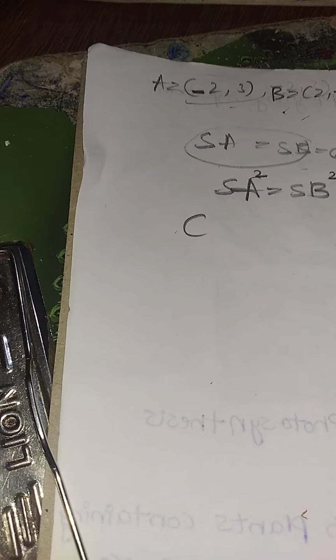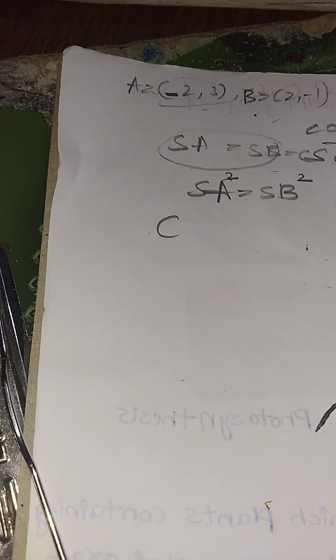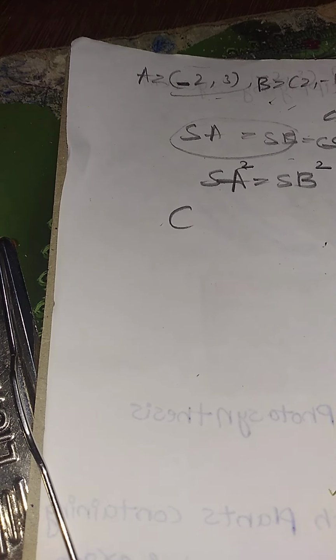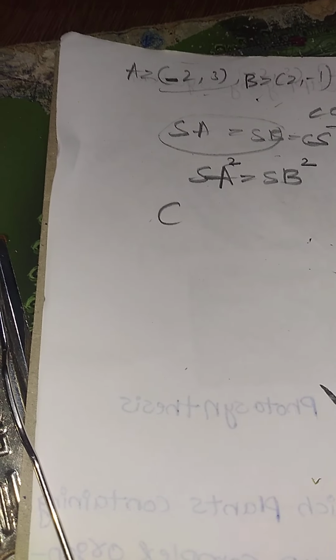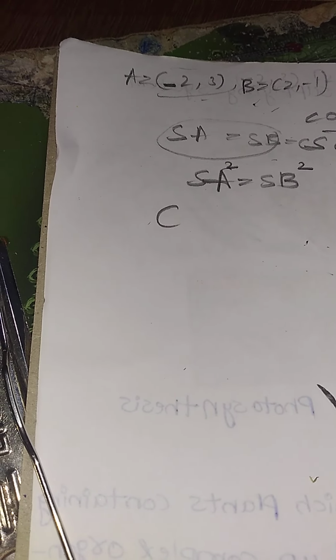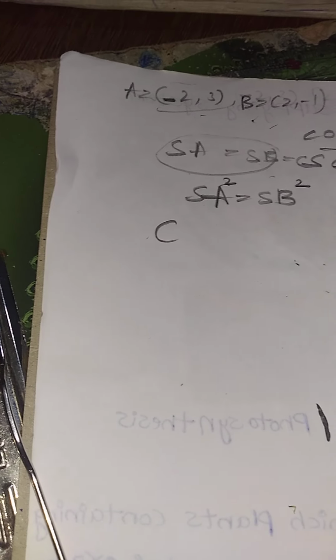But as there is a root, it is quite difficult to find the equation first. So in order to find the equation, we have to remove the root by applying square on both sides.